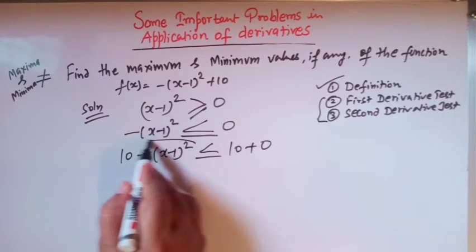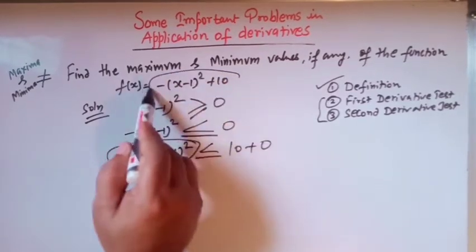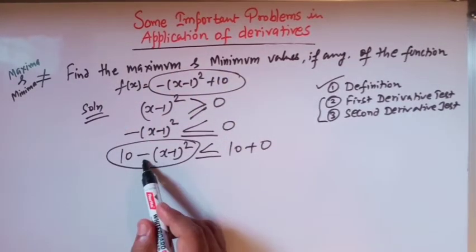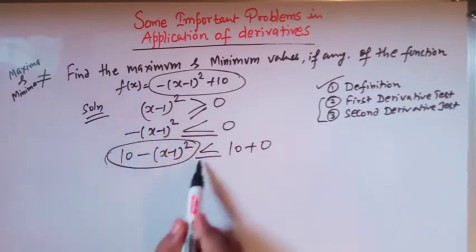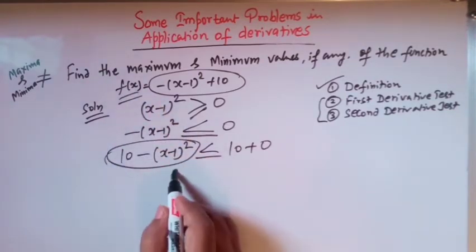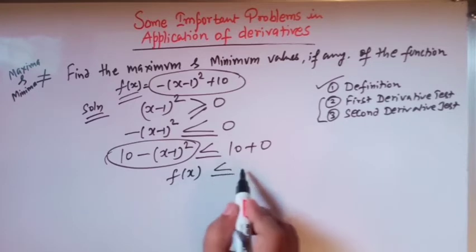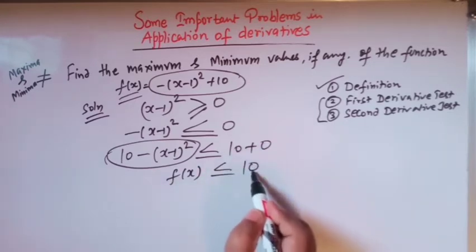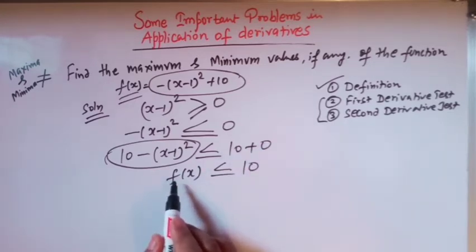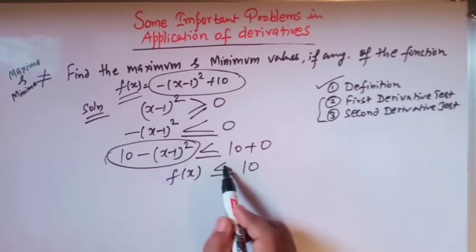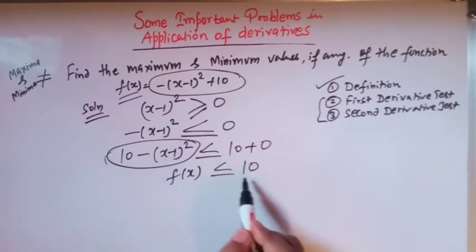So here, this expression is the same as the function. So for this we will substitute f of x, and here we have 10 plus 0 is 10. So the function is less than or equal to 10.